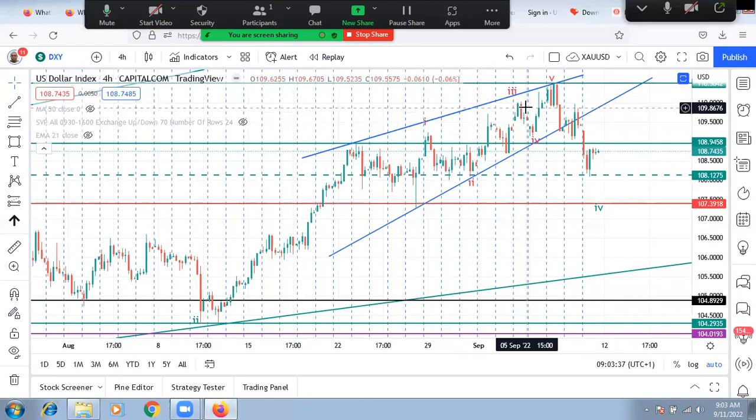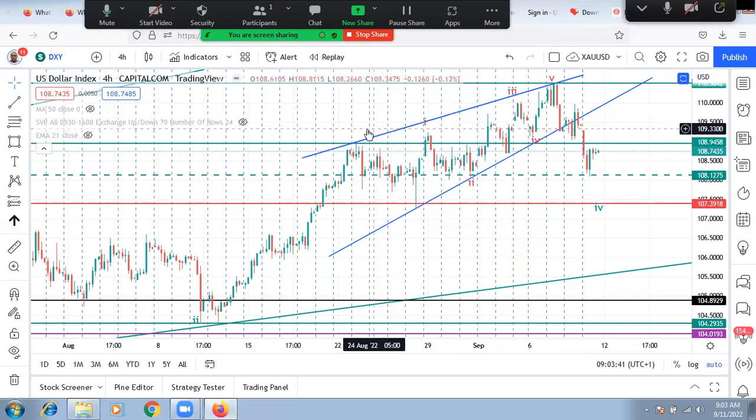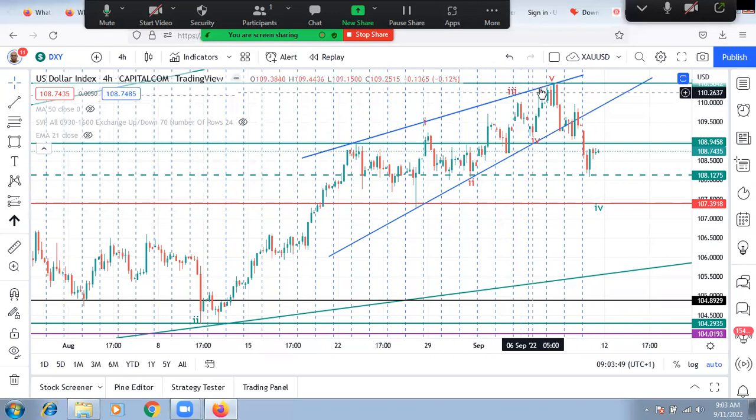Maybe it will now be giving us the formation of a flat here, where this one becomes an A, and a B, and a C. That may just play out. If it's going to play out like that, then this is an A and not an ending structure.